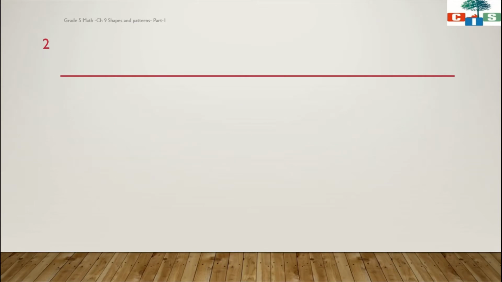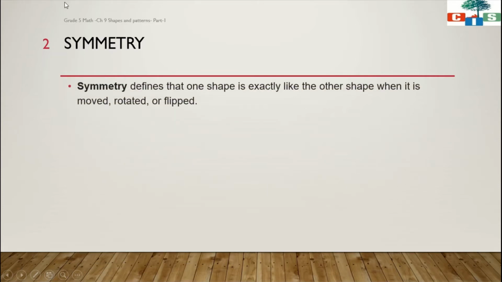Scholars, first of all, we will see what is symmetry, its proper definition, and we will see one activity through which you will understand this topic in a better way. So let's start with the definition. Symmetry defines that one shape is exactly like the other shape.